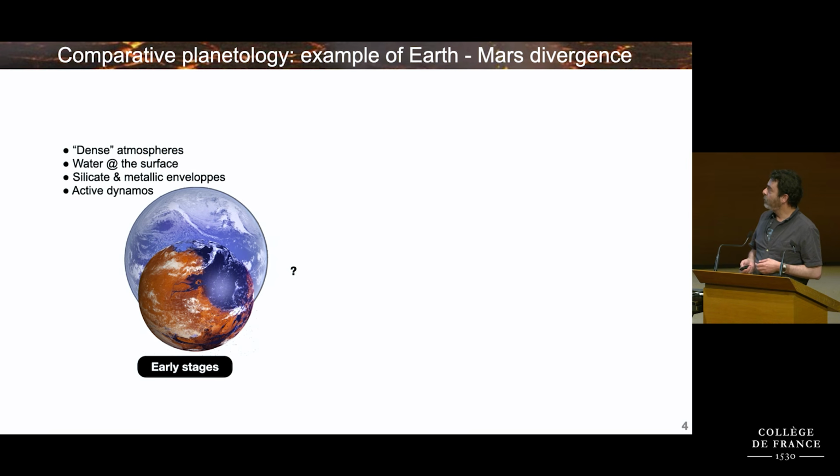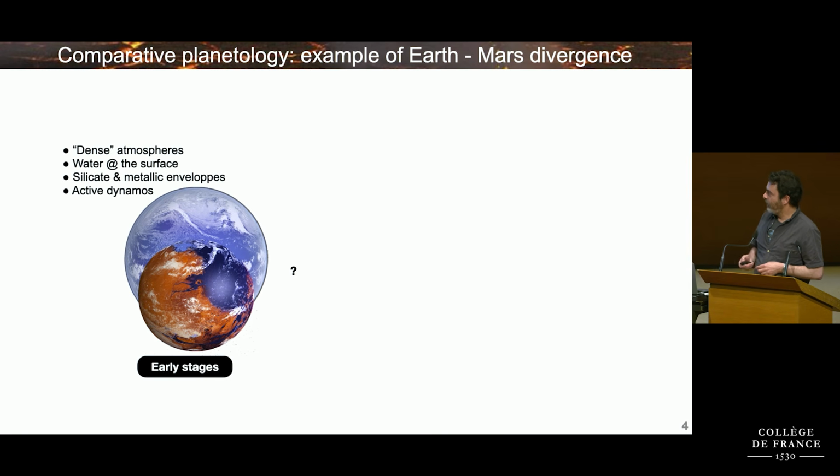To illustrate that, one possible example we can look at is the divergence between Mars and the Earth, which 4.5 or 4 billion years ago were much more alike, with a dense atmosphere and liquid water at the surface. They are also composed, you don't see it here, of silicate and metallic envelopes that are well separated.